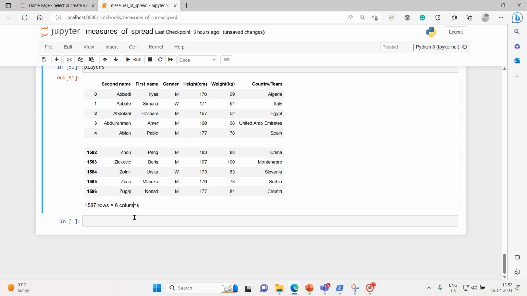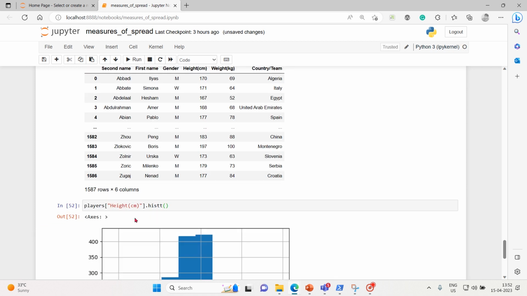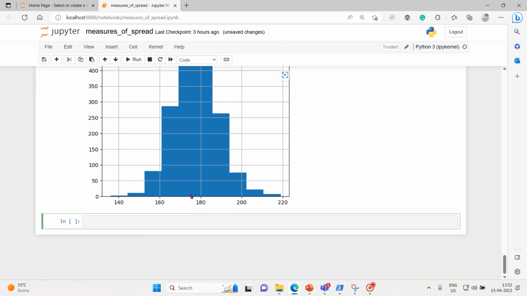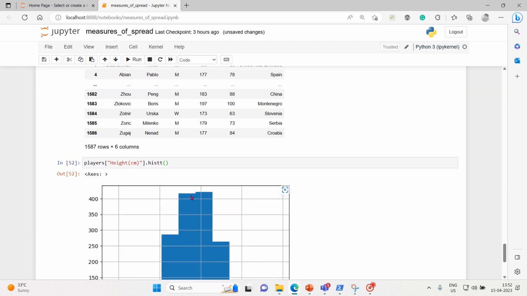Now let me go for the height. Let me draw the histogram. Yep, it's by and large symmetric about the mean. That is the reason I'm going to use this data now.